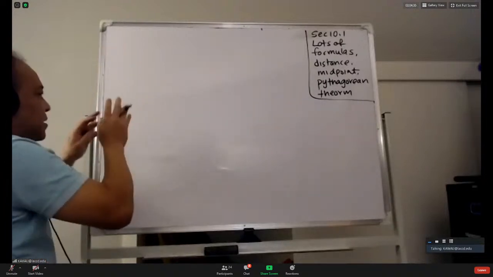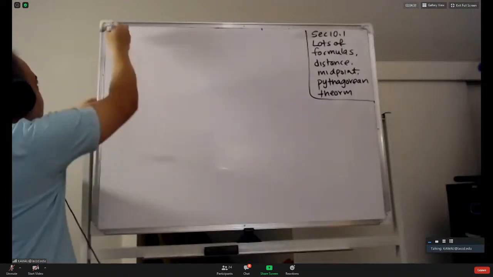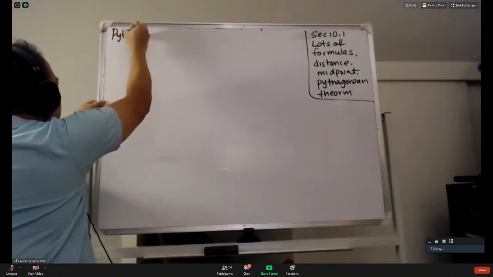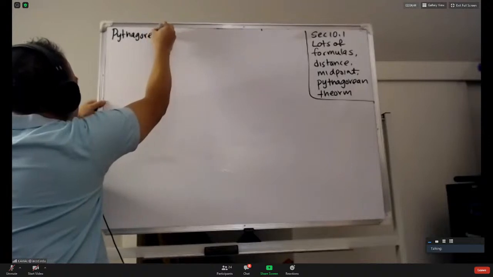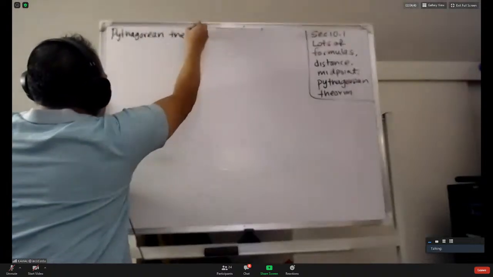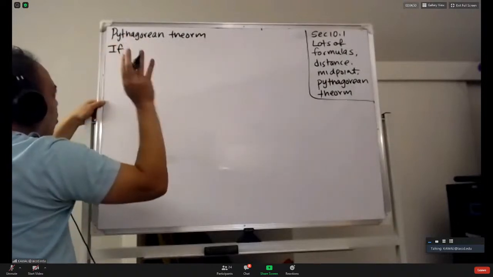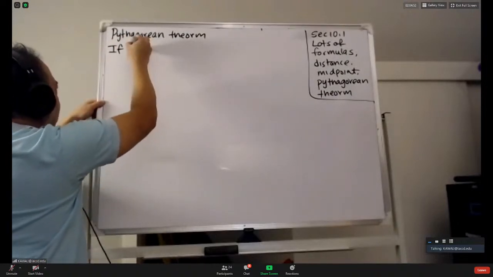Now, the Pythagorean theorem has to do with the length of the sides of a right triangle. If you have a right triangle, meaning that one of the angles is 90 degrees.